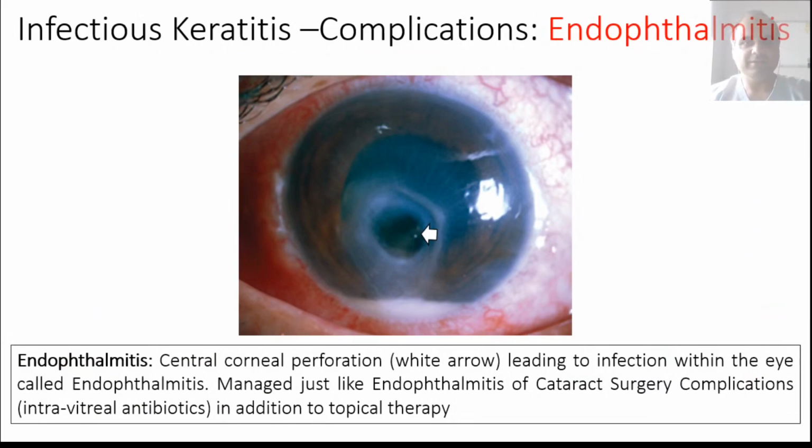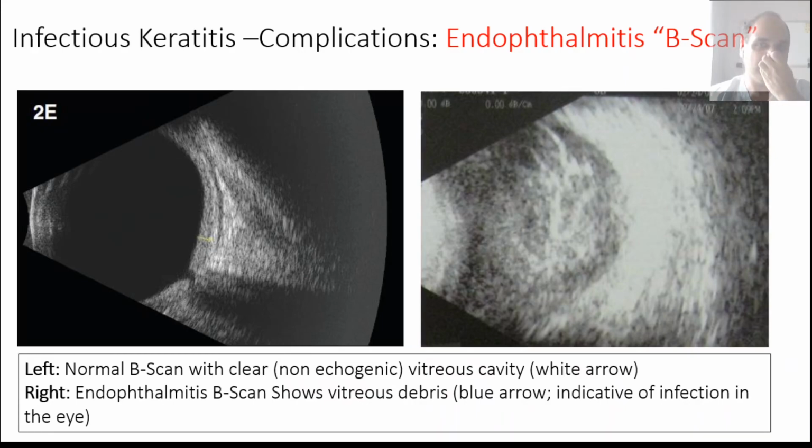This is endophthalmitis, and this is a corneal perforation shown by the white arrow, which has allowed the organisms to move inside the eye. It is managed just like the endophthalmitis of cataract surgery: intravitreal antibiotics, vitrectomy, in addition to all the topical therapy that we've been doing. We also saw how a B scan helps in the diagnosis of endophthalmitis, especially if you can't see anything beyond the cornea because the cornea is hazy because of infiltration and abscess formation.